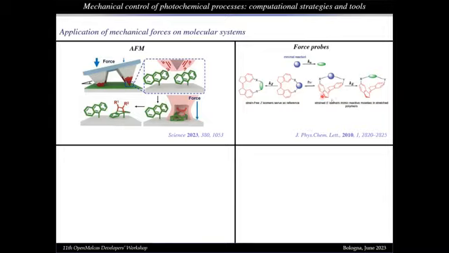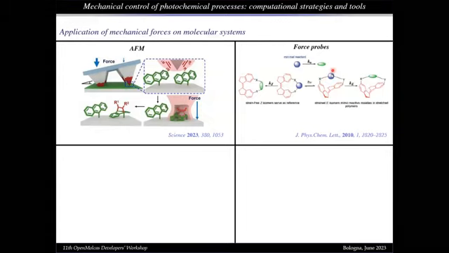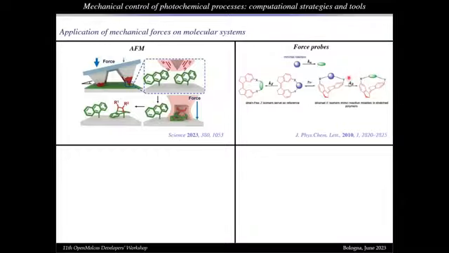So in the trans isomer, the applied force or the induced force is large. In the cis isomer it is not so large. So the application of this force through the force probe can, in this case, affect the chemical reactivity, in this case, the kinetics of the system.